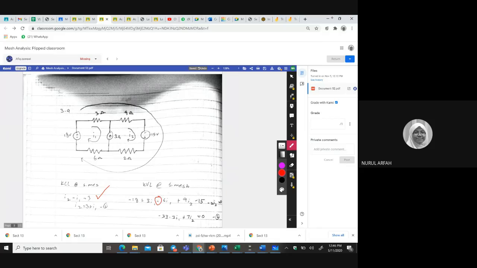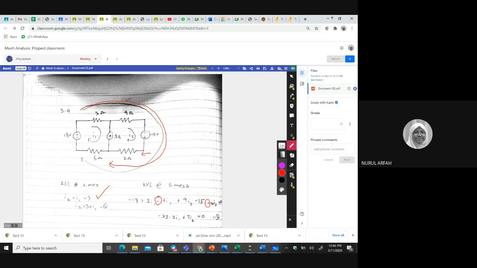Oh, okay. This is minus or plus? Minus, madam. Oh, you're supposed to follow the current direction. This I way, see, right? And then this is entering passive element. It should have been positive. Okay, madam. I see. Plus. Then this one also.